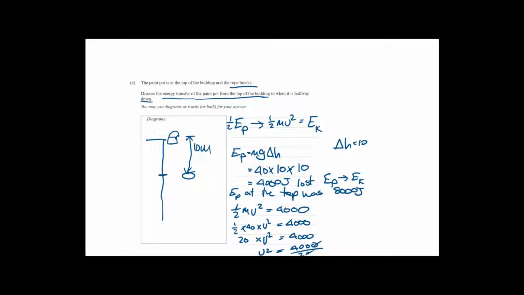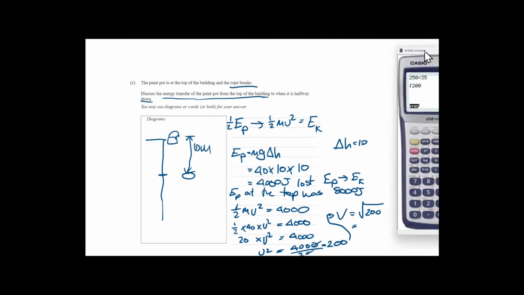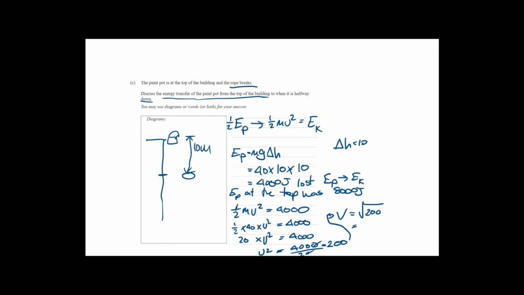We lose a 0, this is going to be a 2. So this is going to be 200. So the velocity is going to be the square root of 200, which is 14.14 meters per second.